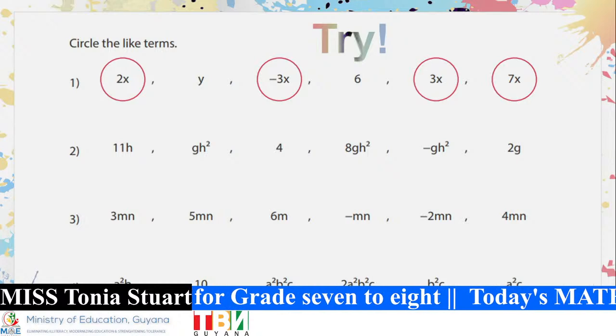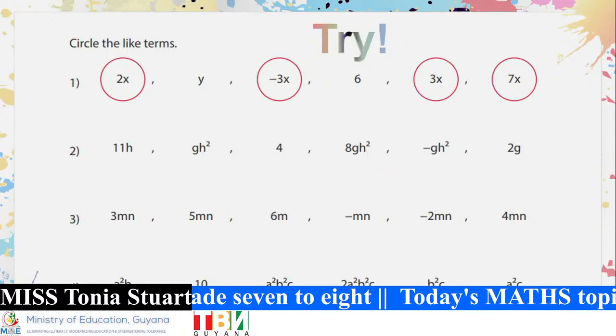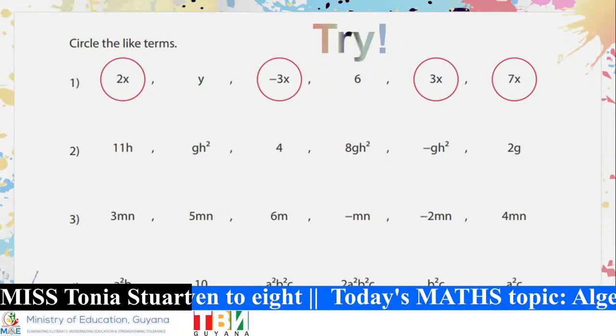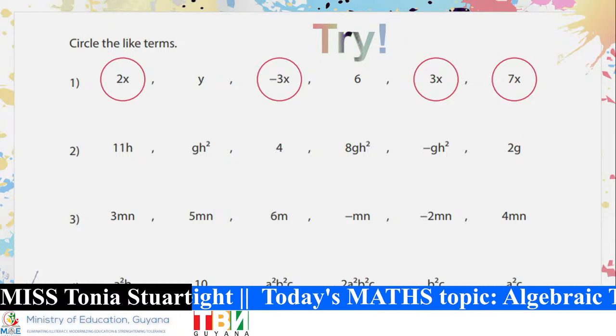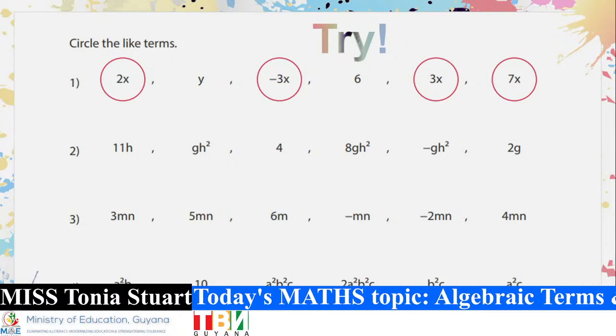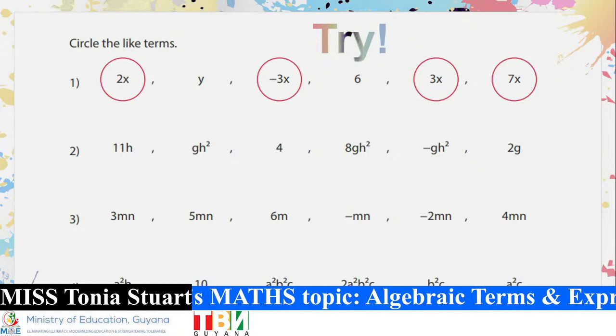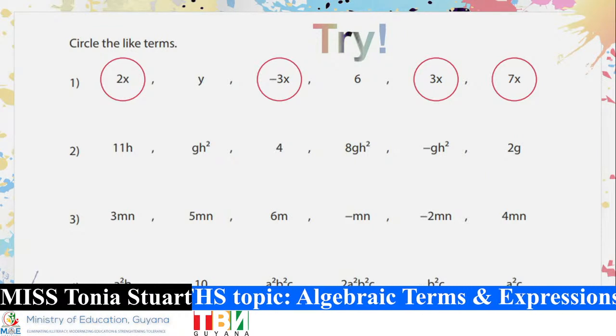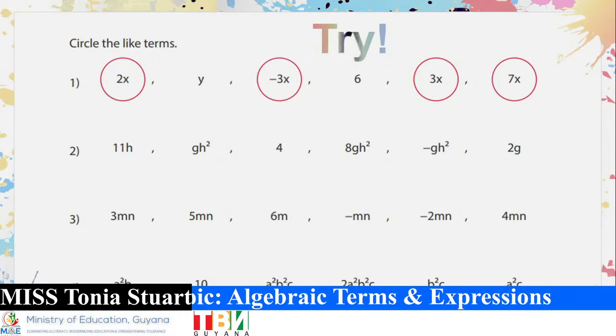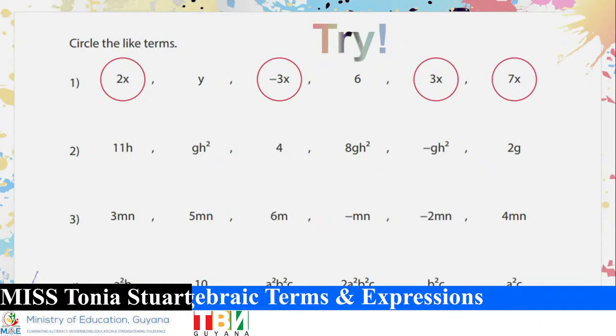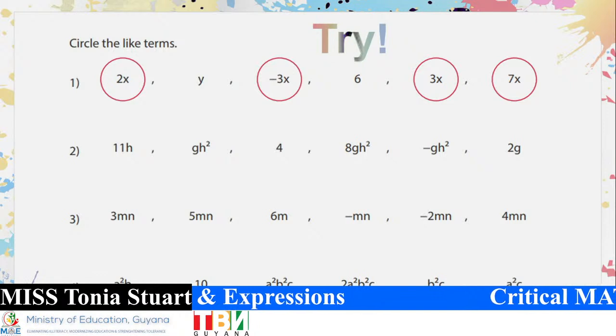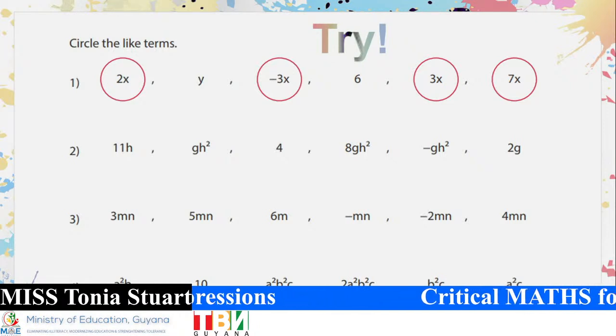So if you're to group the like terms quickly in a few seconds, find the items that you will group together for me for number 2. If you can identify with them, just raise your hands. Shamar? Okay, Shamar. What would you group?